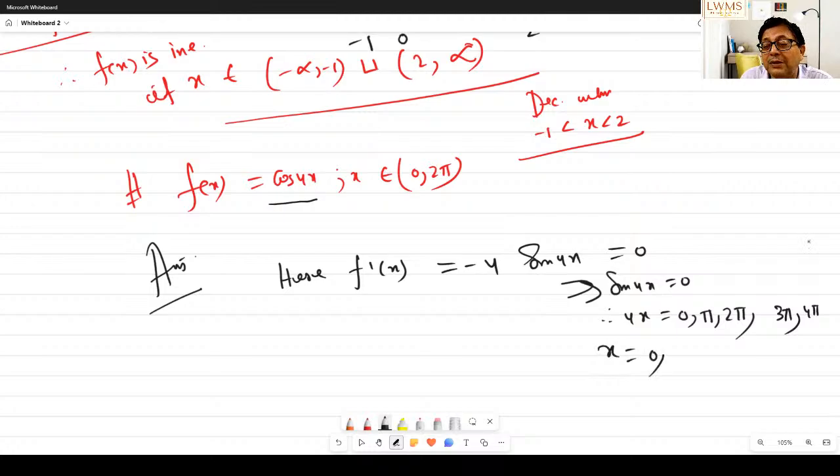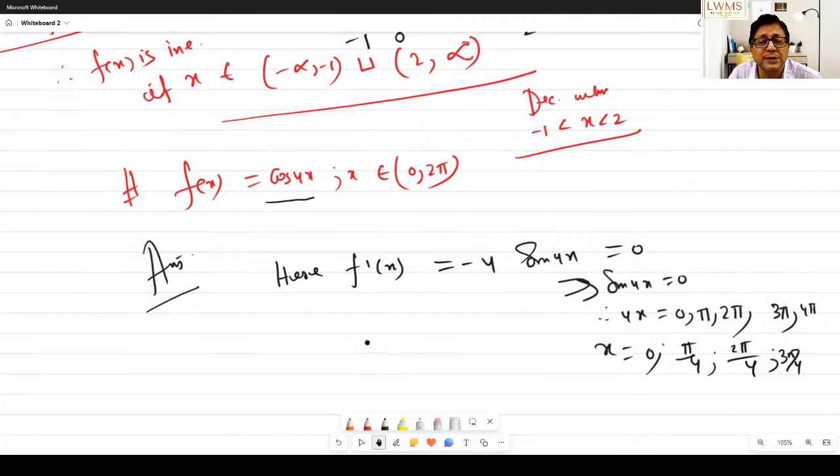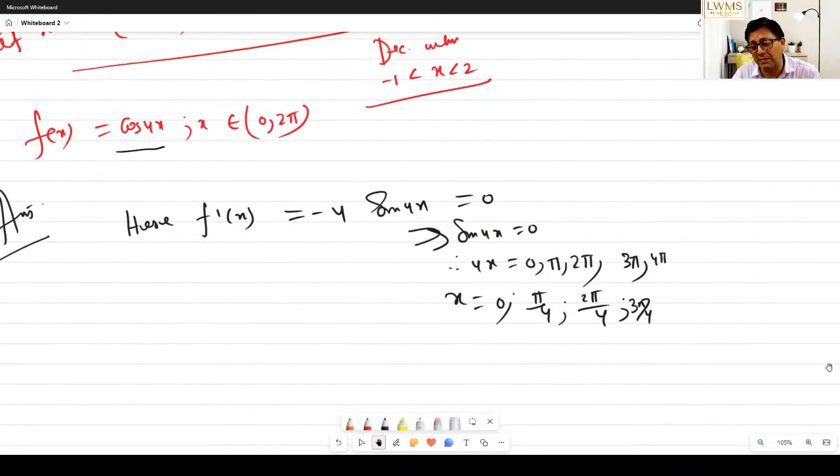So x is going to be 0, pi by 4, 2 pi by 4, 3 pi by 4. The problem is the interval given is 0 to 2 pi. Many points we have to consider. Let us consider. This is pi. Next one will be what?